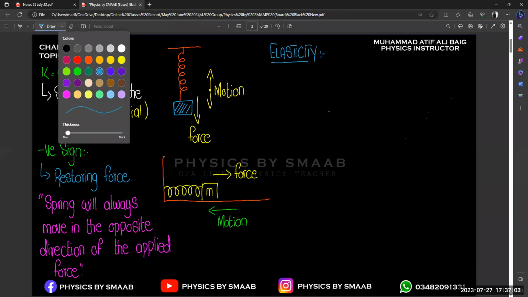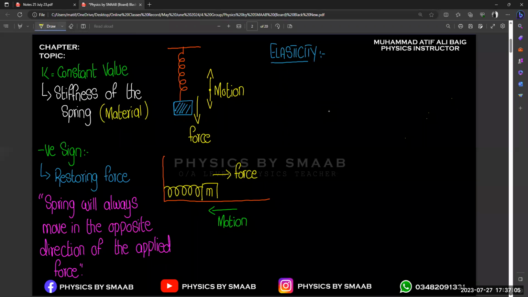Elasticity clears your concept of restoring force, because examples of elasticity in our daily life are the rubber band and the spring, right? If we want to write the definition for elasticity, we simply write that it is a property of a body, because it is related to the specific body.